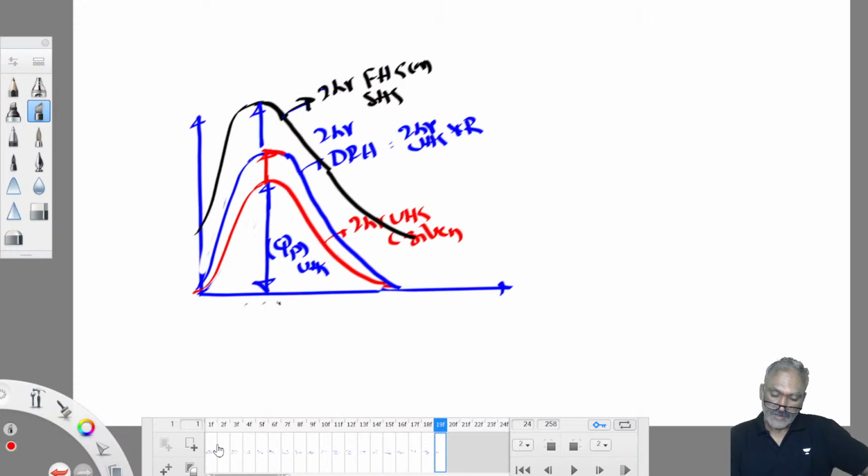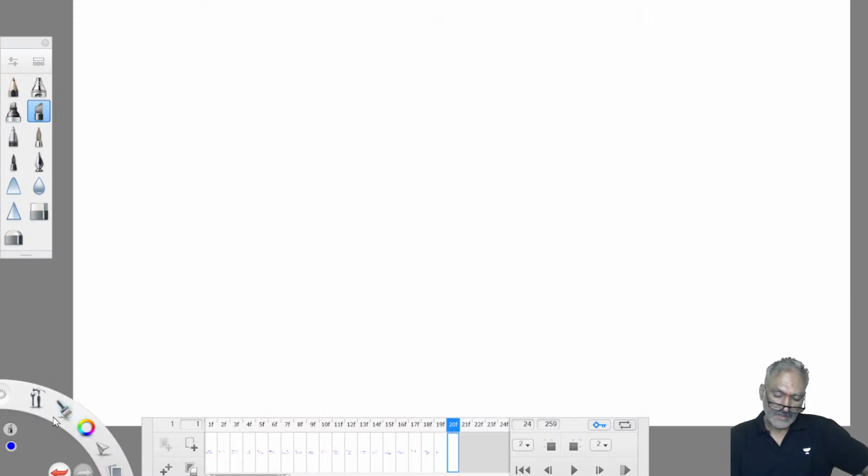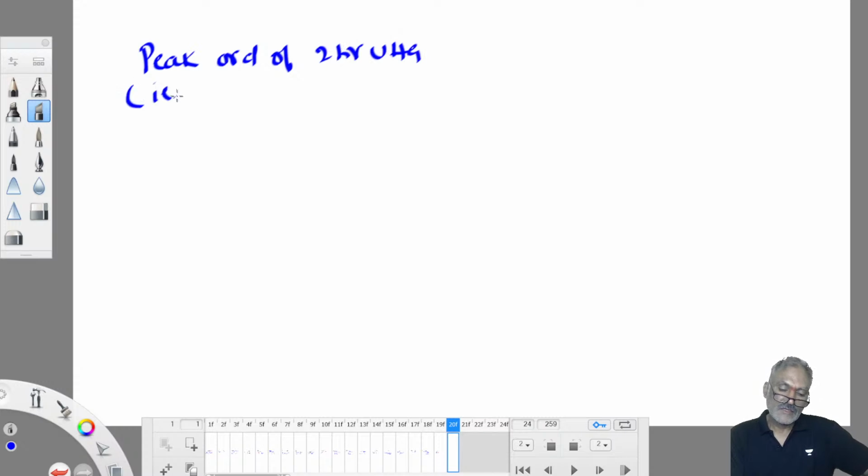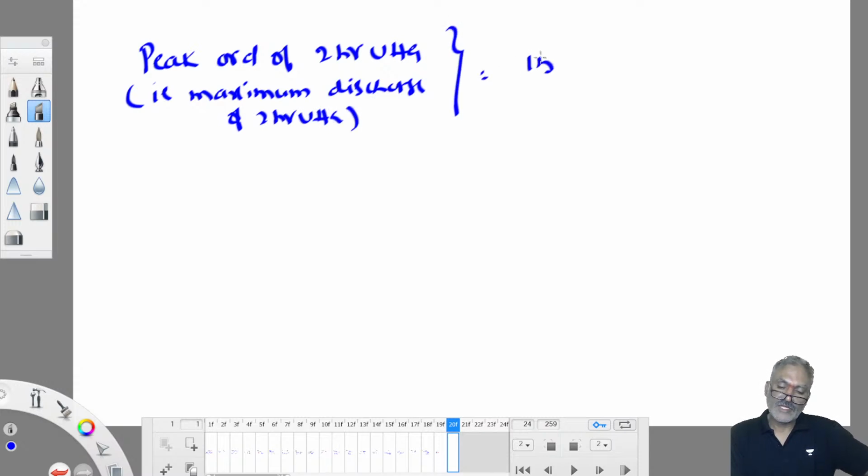So therefore, the peak ordinate of the 2-hour unit hydrograph, that is the maximum discharge of the 2-hour unit hydrograph. That is there in the question from the table, 15 meter cube per second.